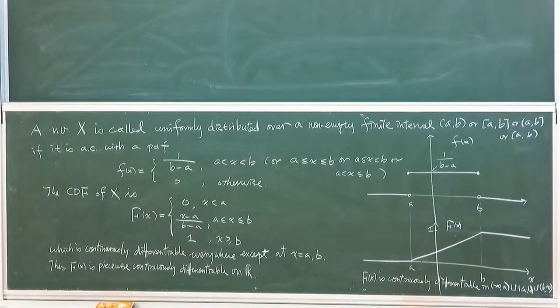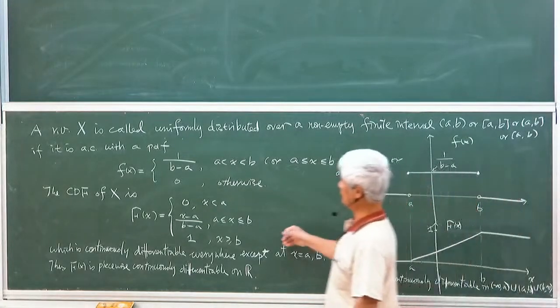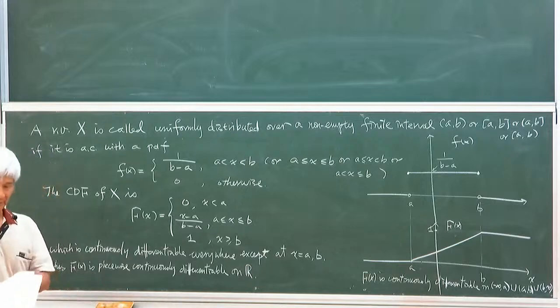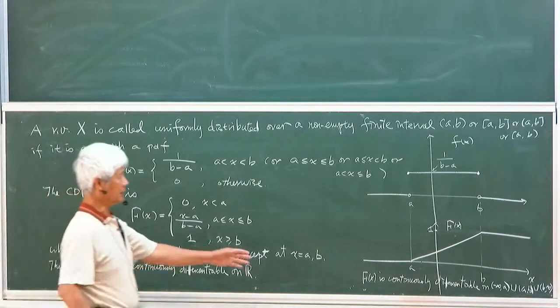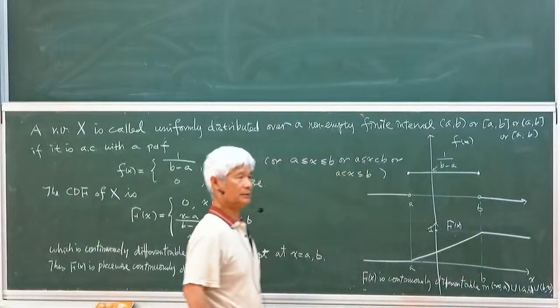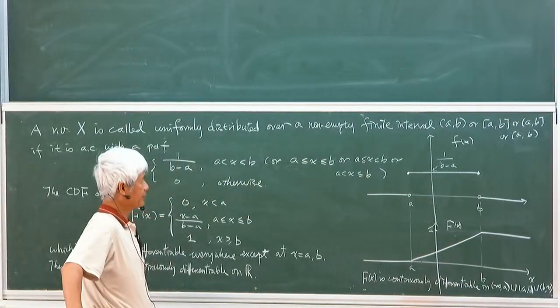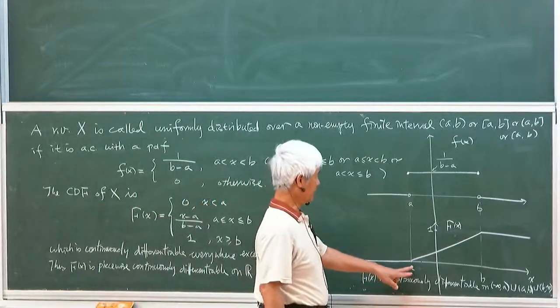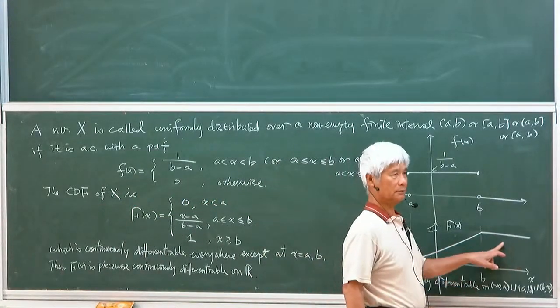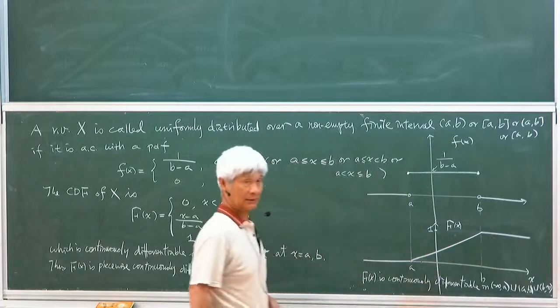From the CDF, you can see that it is linear in a certain interval. Before endpoint A it is 0, and after endpoint B it is 1, because this is the CDF.